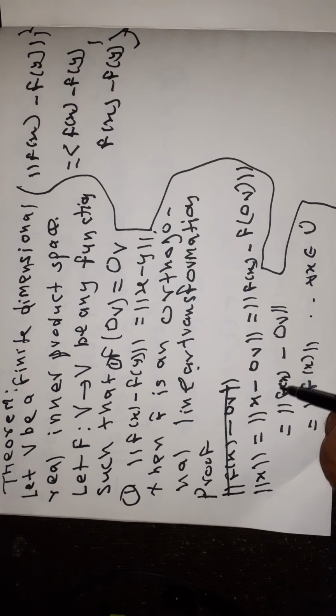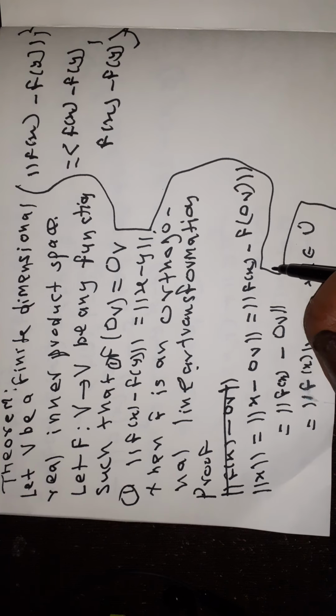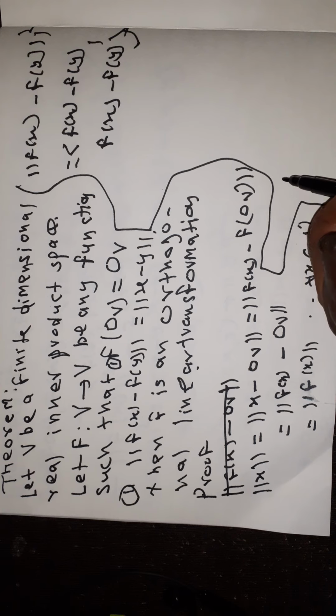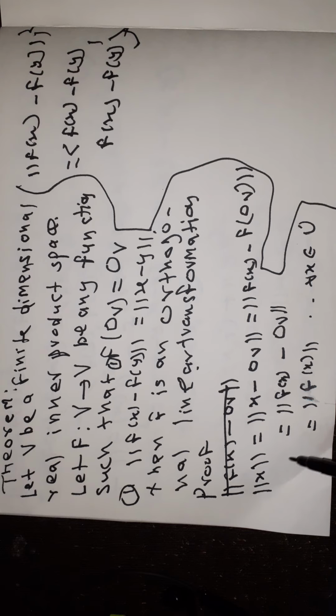Therefore, norm of x minus 0_V is equal to norm of f(x) minus f(0_V). But as in condition 1, f of 0_V is equal to 0_V, therefore norm of x is equal to norm of f(x) minus 0_V, which is equal to norm of f(x). Therefore, for all x belonging to V, norm of f(x) is equal to norm of x.